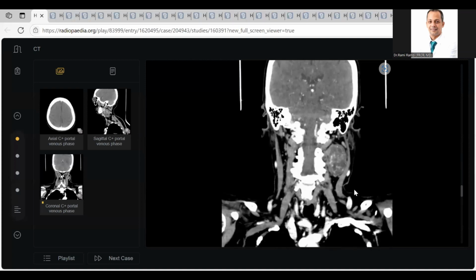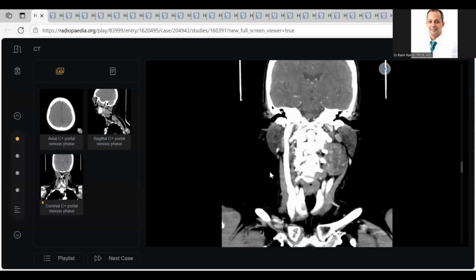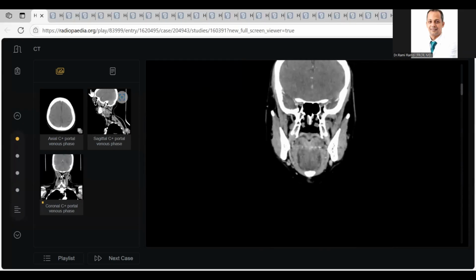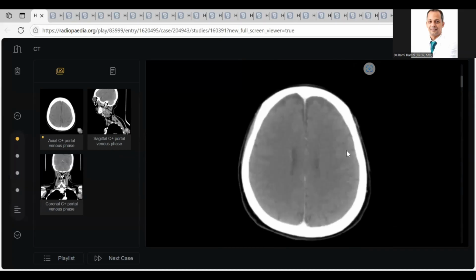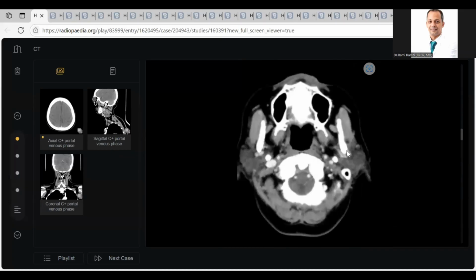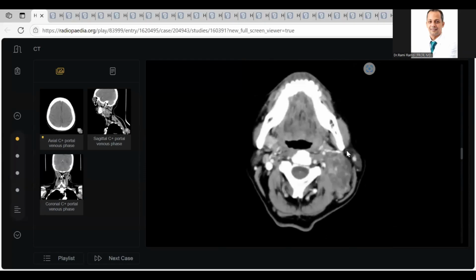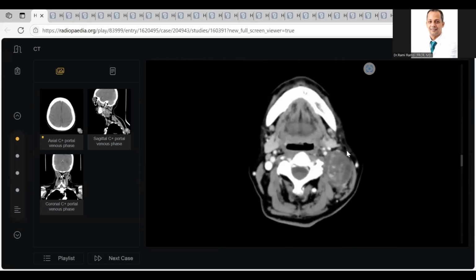There is displacement of the vessels. Look again, please. Yes, sir, there is displacement of the carotid vessels. Not splaying sign.